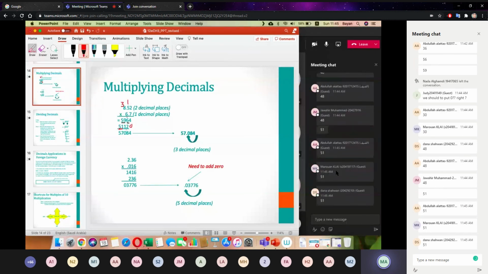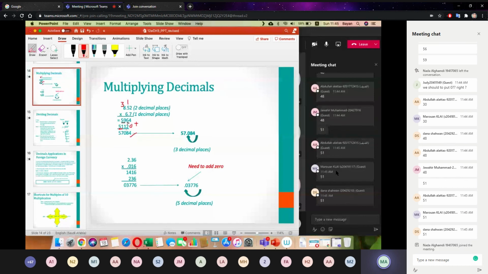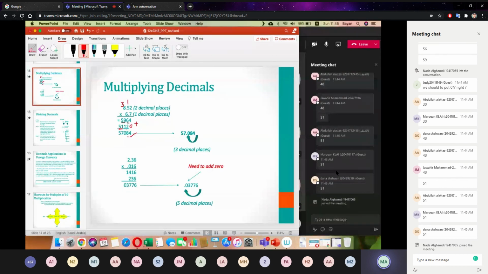Now we add 4 plus 0 is 4. 2 plus 6 is 8. 9 plus 1 is 10. So we have 1 here. 5 plus 1 is 6. Plus 1, 7. And here we have the 5.